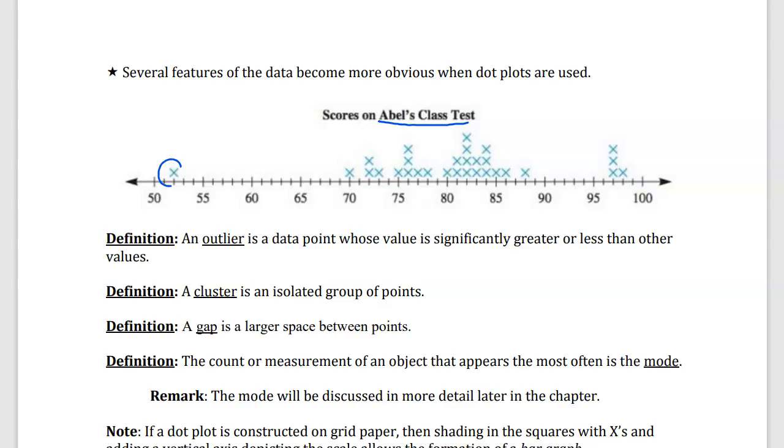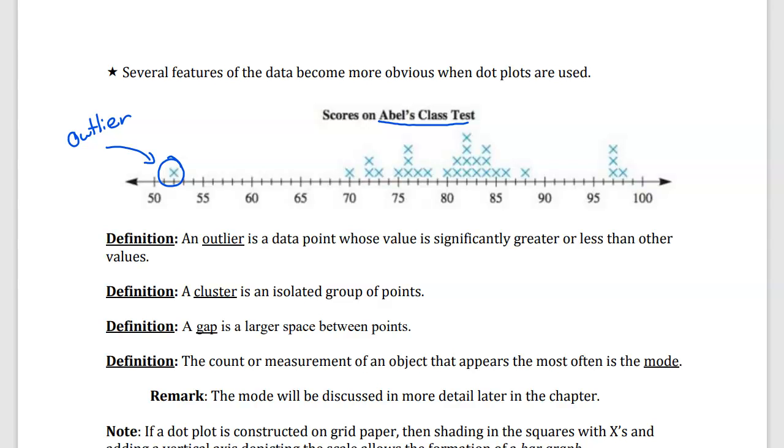But notice this one down here. This one is much lower than the others, so this one would be considered an outlier. Dot plots help us identify those outliers. Outliers are values that are significantly greater than or less than other values.